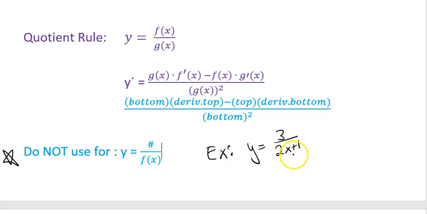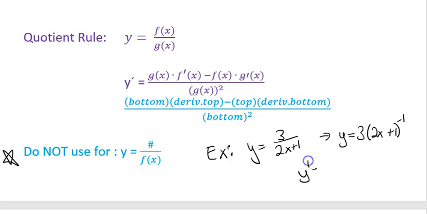to be taking up a lot of space for something that's going to be a lot easier to do a different way. The best way to look at this is as 3 times 2x plus 1 to the negative 1 power. That way you just have to do a chain rule, which is a lot quicker than a quotient rule.